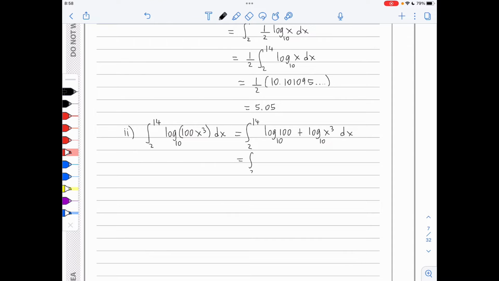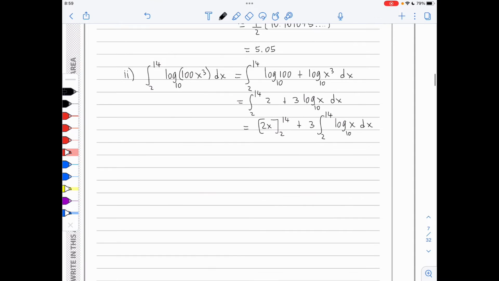So this is from 2 to 14, where the log of 100 base 10 is simply 2 because 10 squared is 100. The 3 can come down, plus 3 log of x base 10 dx. So this will be 2x from 2 to 14 plus 3 times the integral from 2 to 14 of log of x base 10 dx.